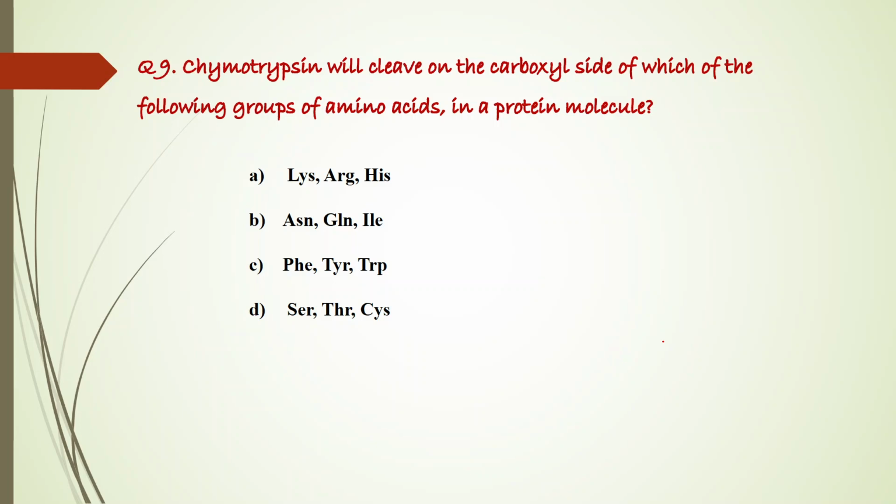Chymotrypsin will cleave on the carboxyl side of which of the following groups of amino acids in a protein molecule? Chymotrypsin is an example of a serine protease. It cleaves on the carboxyl side of certain side groups of amino acids. Which amino acids will it choose in a protein molecule?